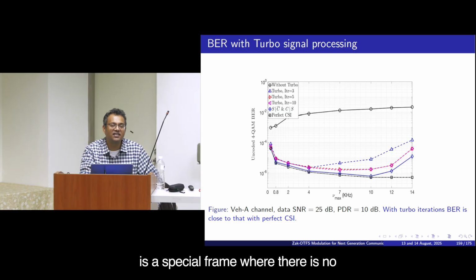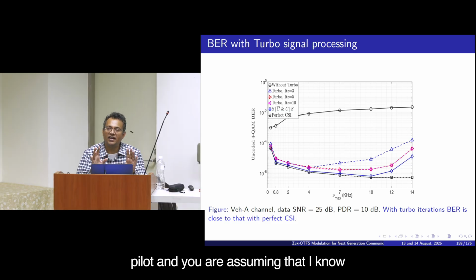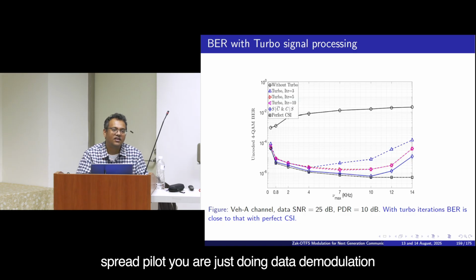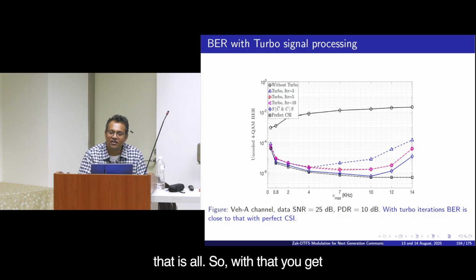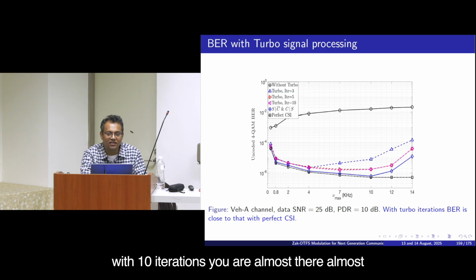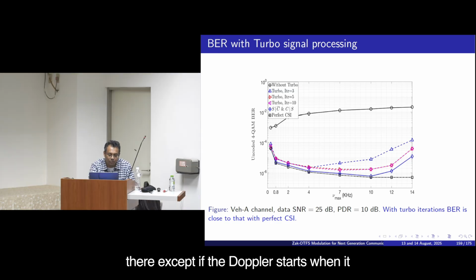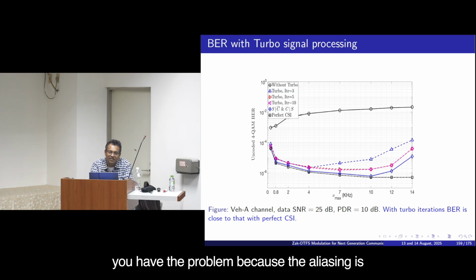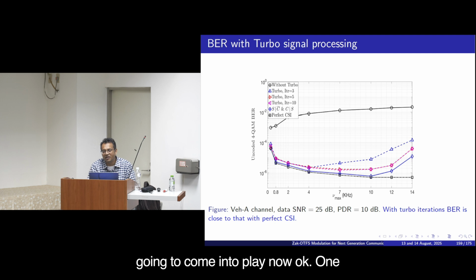This black is a special frame where there is no pilot, and you are assuming that you know H effective, and you are not sending any spread pilot, you are just doing data demodulation. With that you get this kind of performance in black, and with 10 iterations you are almost there, except when the Doppler starts to become higher, that is where you have the problem, because the aliasing is going to come into play now.